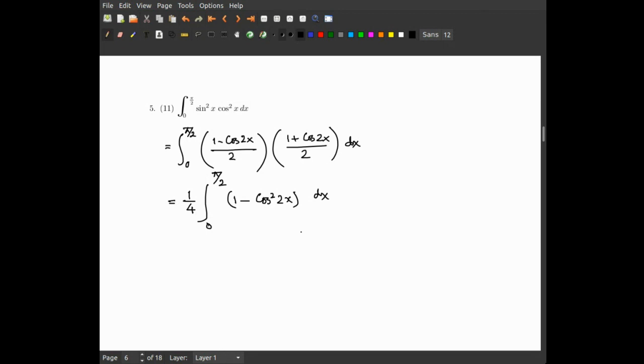Since there is a square there at the even power, we have to use the double angle formula one more time. So that would be 1 over 4, 0 to pi over 2, 1 is there, that's okay. And cos square 2x can be written as 1 plus cos 4x, not 2x, 1 plus cos 4x divided by 2 and dx.